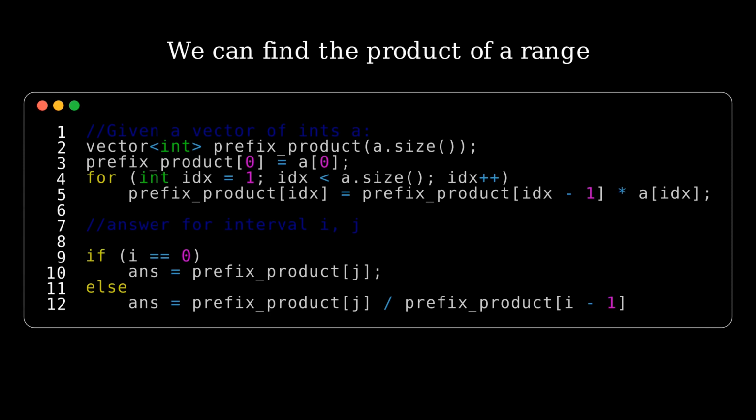And for the answer, instead of dividing by the prefix product at I minus 1, you would multiply by the prefix product at I minus 1 raised to the prime modulo minus 2, since that value represents the modular inverse of the prefix product at I minus 1.